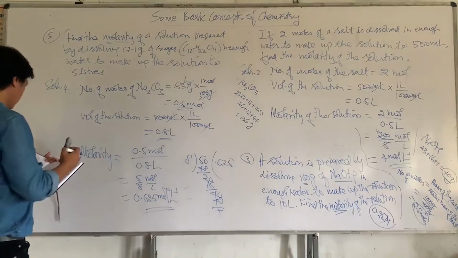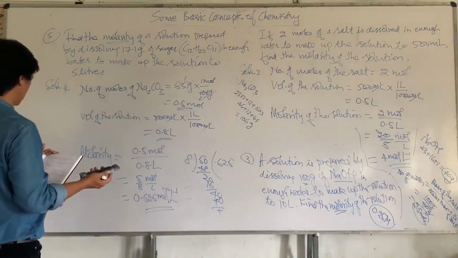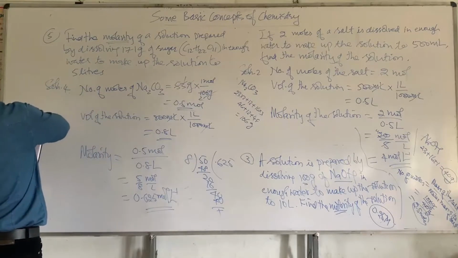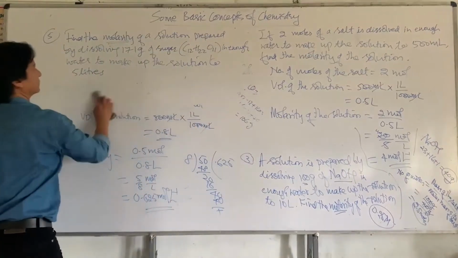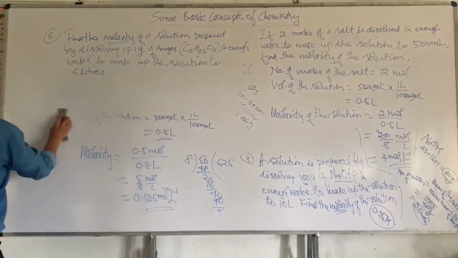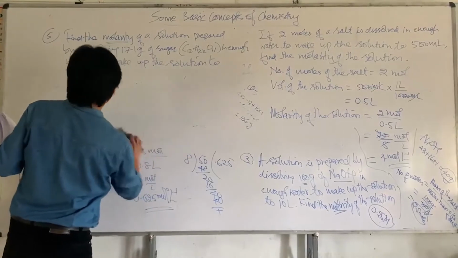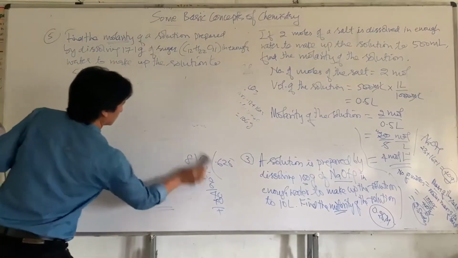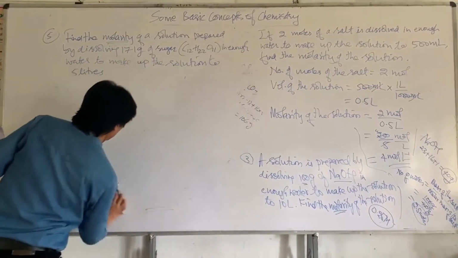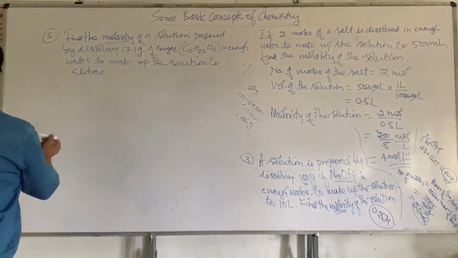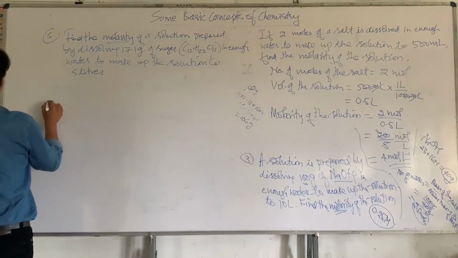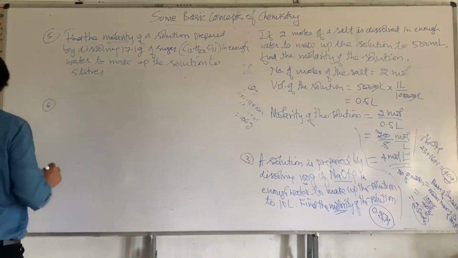Then the 6th one, it's almost the same thing. So I will skip this. Let's see. Now the next one. Okay, this is another twist now. Let's take this. Problem number 6.